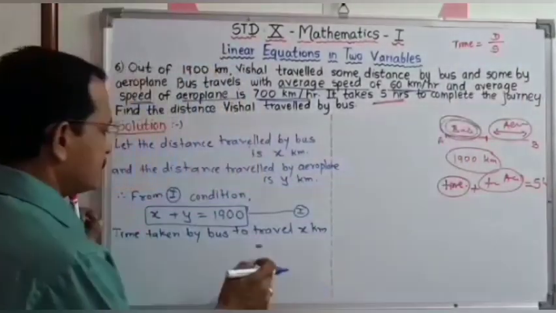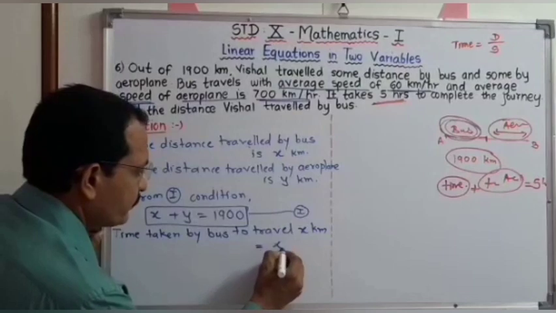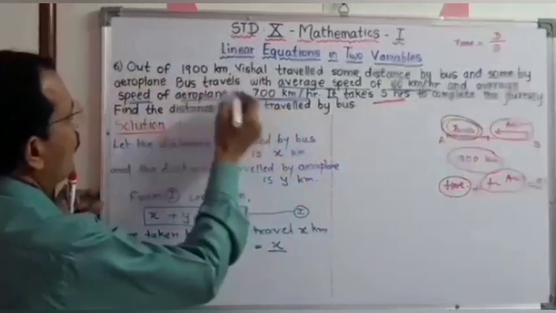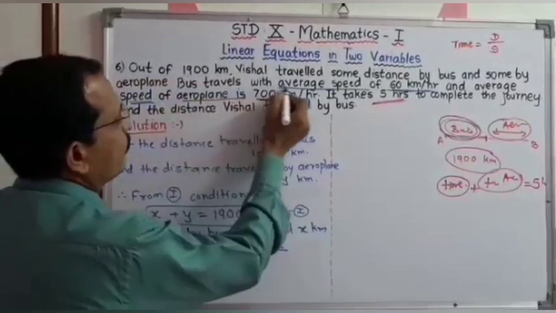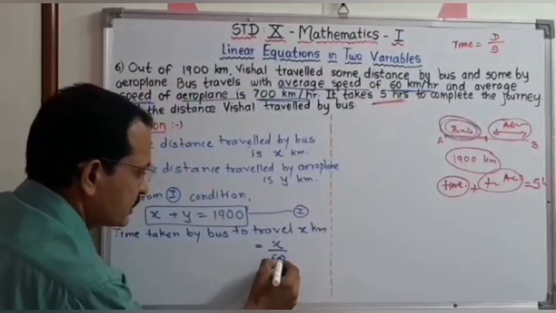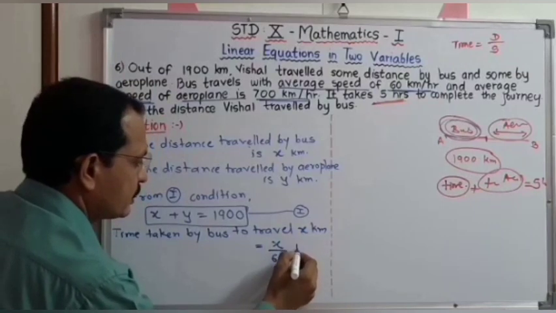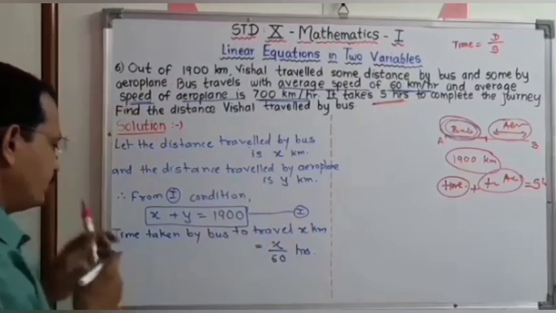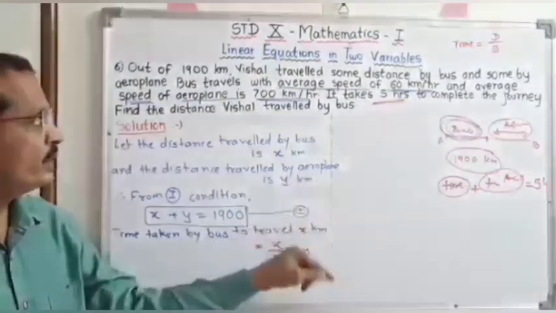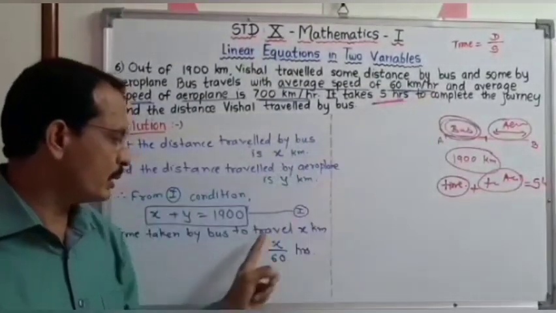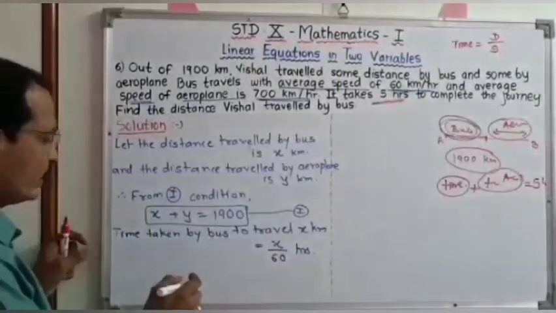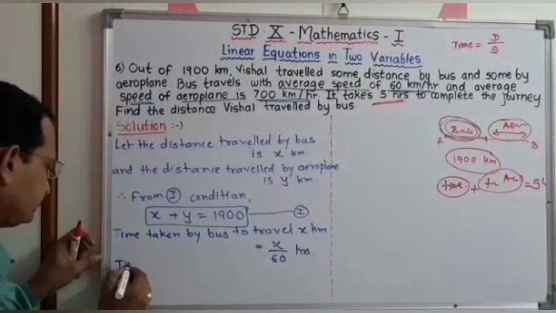Now distance is x kilometer and what is the speed? The speed of the bus is 60 km per hour, therefore it is x upon 60 hours. That means time taken by bus to travel x kilometer with speed 60 km per hour is x upon 60 hours.